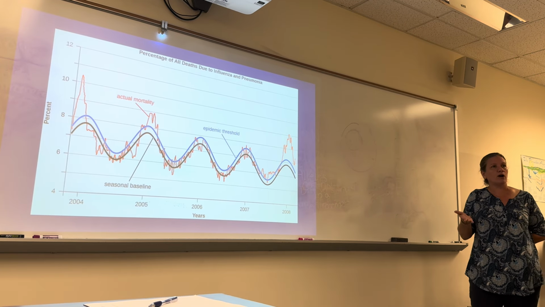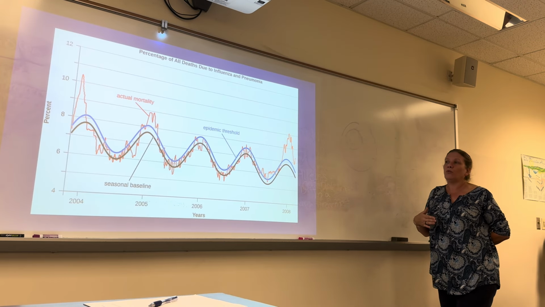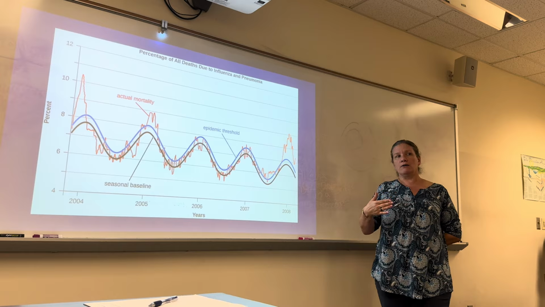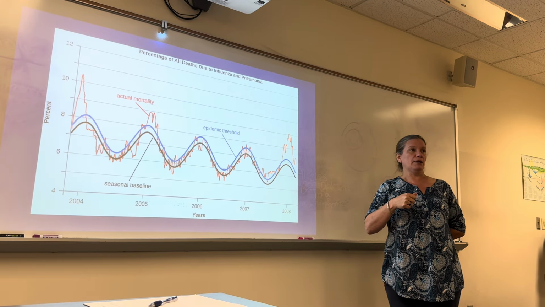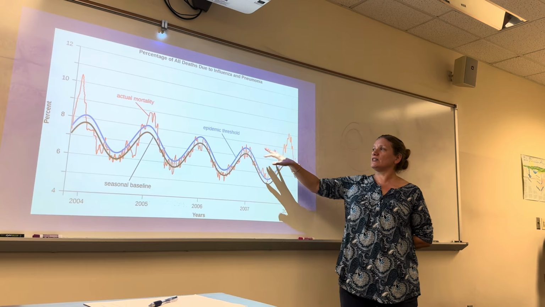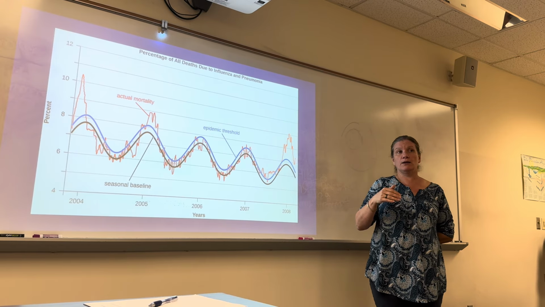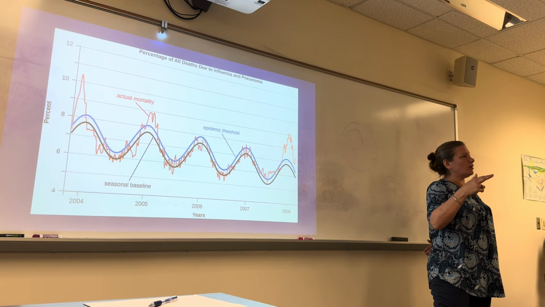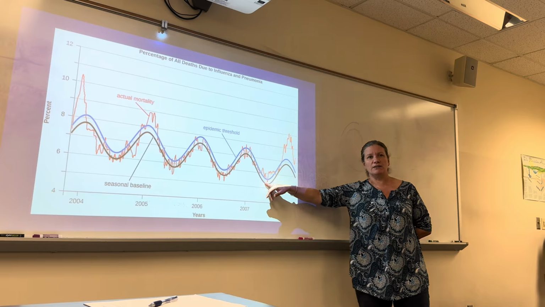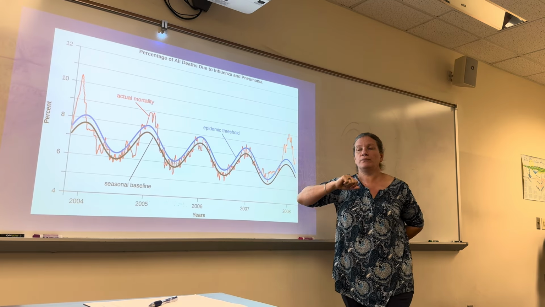So anytime we go way above the expected, that is when we reach our epidemic. The blue line is just indicating the threshold for that epidemic. We expect some variance from our black line expected, but too much variance is a problem, okay?